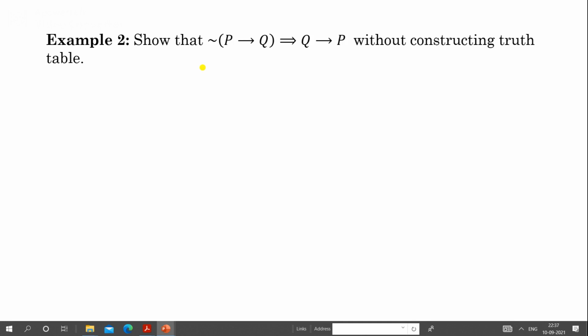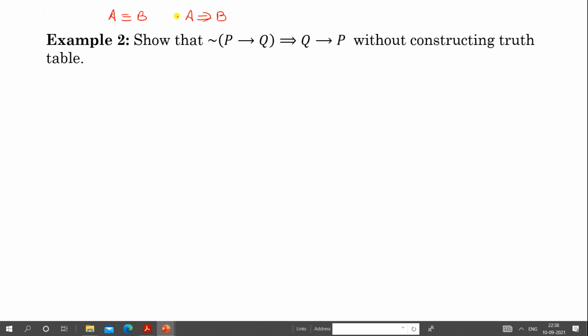Now we have to prove the logical implication, that is negation P implies Q, tautologically implies Q implies P without constructing truth table. Remember one thing, whenever we have to prove logical implication, then we can use logical equivalences as well as standard logical implications, because if suppose A is equivalent to B, it means A tautologically implies B. So whenever A is equivalent to B, you can write A tautologically implies B, because whenever A is true, B is also true.